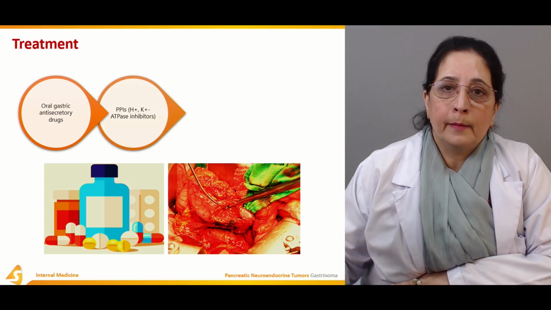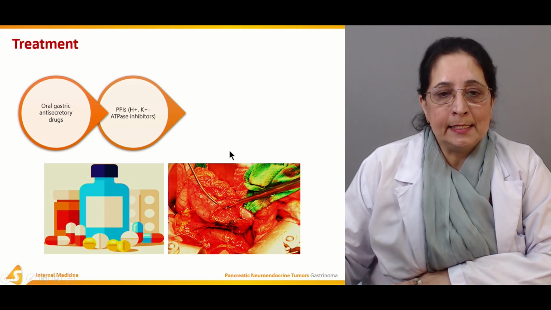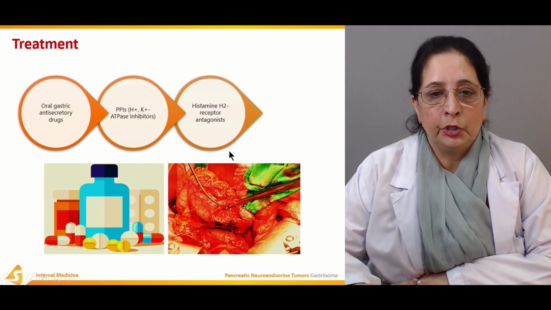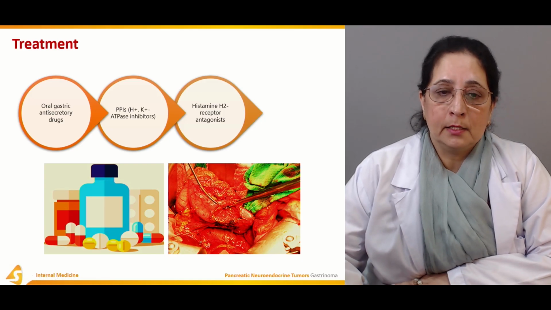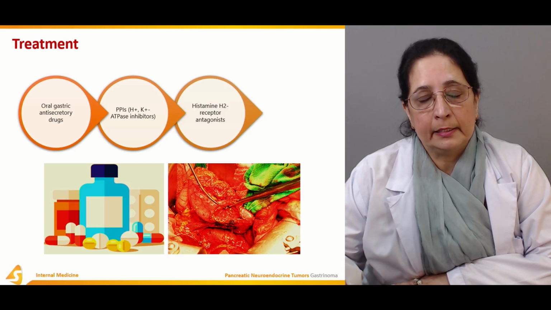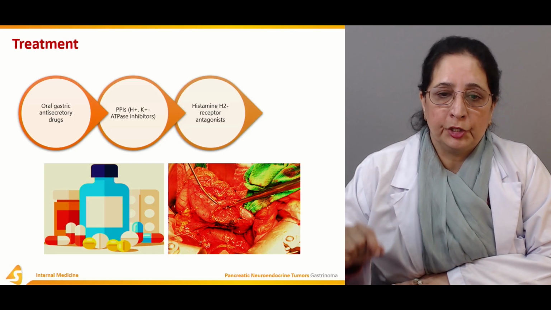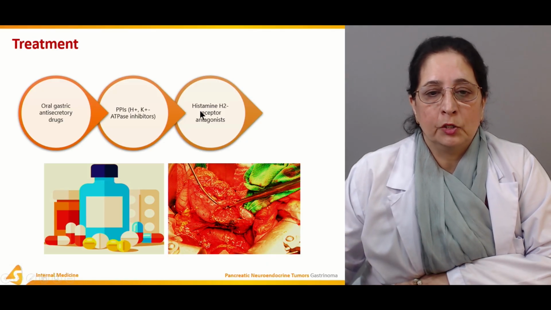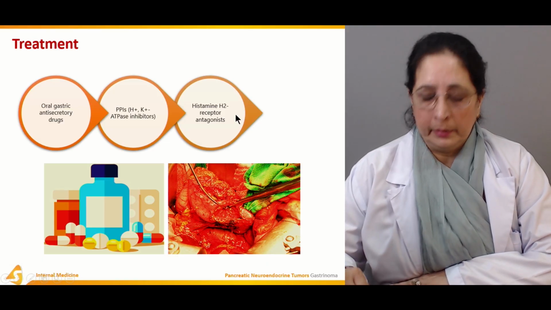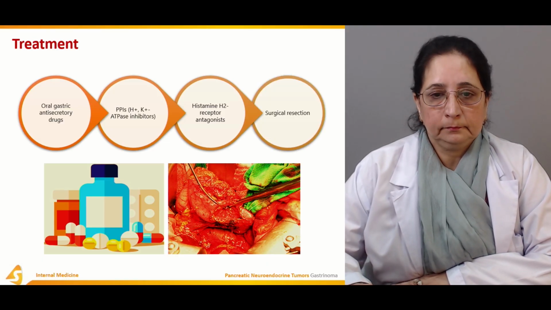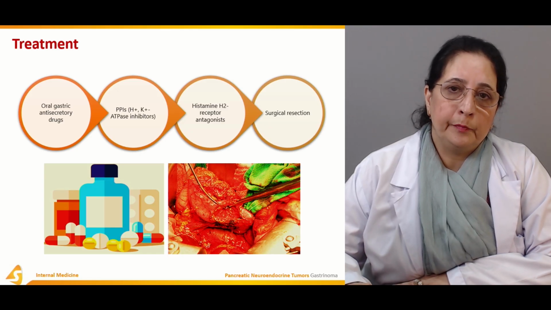Then proton pump inhibitors, hydrogen potassium ATPase inhibitors, are also used. Histamine H2 receptor antagonists are very effective drugs for the treatment of hypergastric secretion, gastric acid secretion. So histamine H2 receptor antagonists. Surgical resection is another treatment option.